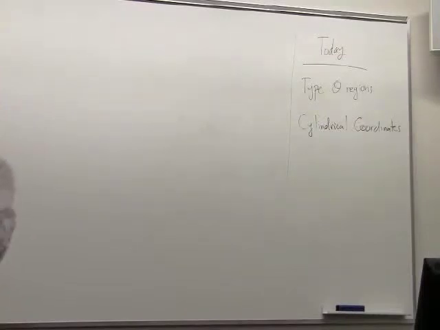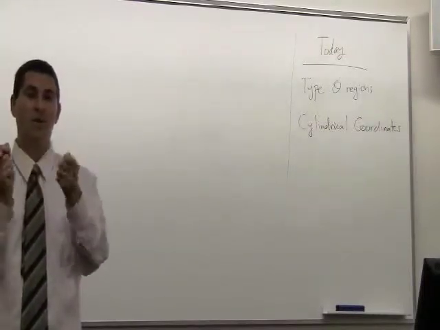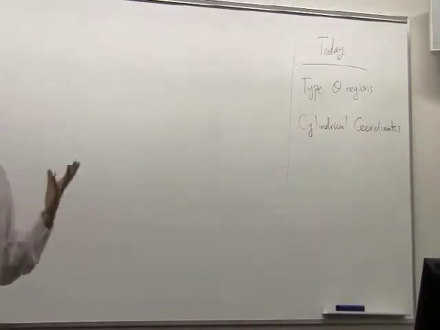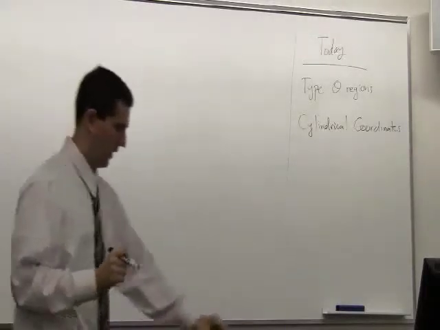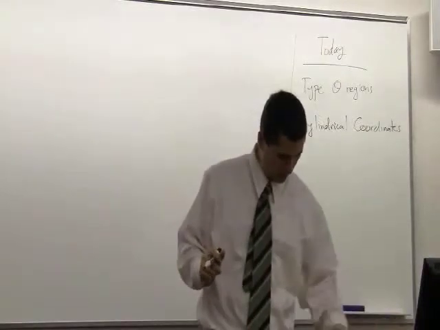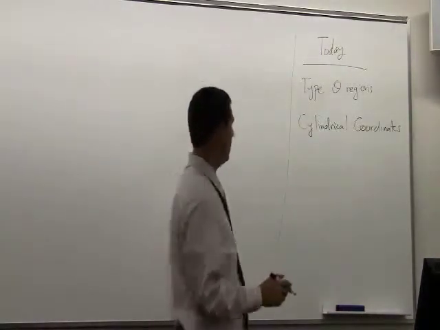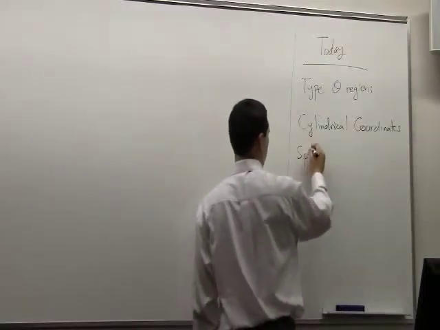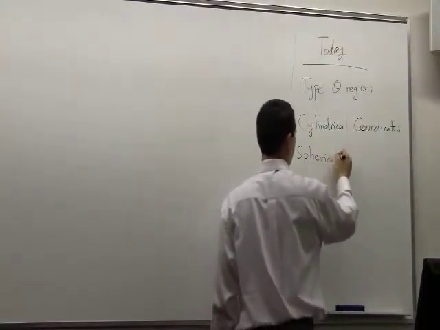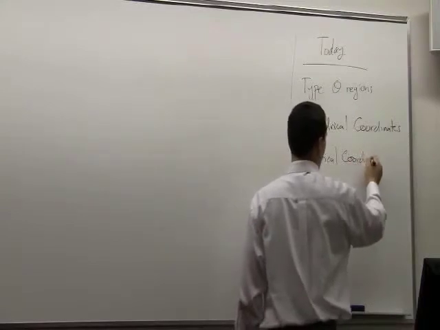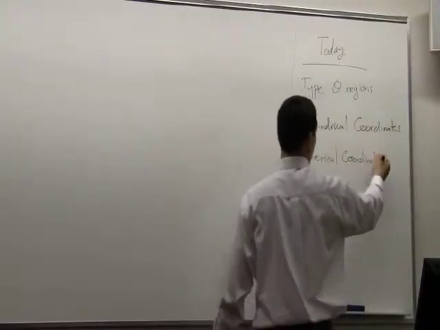So if xy became r theta, then xyz became r theta z. The z didn't change. Okay, and that'll probably be as much as we get to, but if we have time, then we'll also look at spherical coordinates again. But I suspect we'll probably only get through the first two.